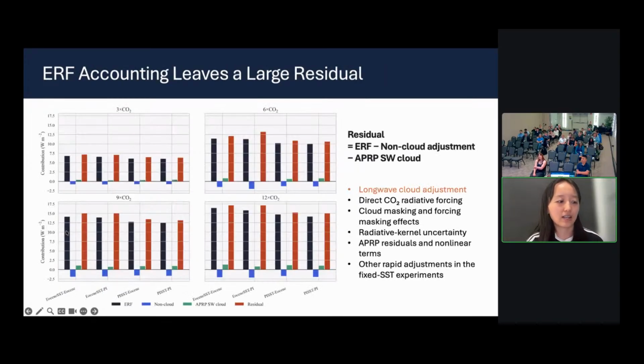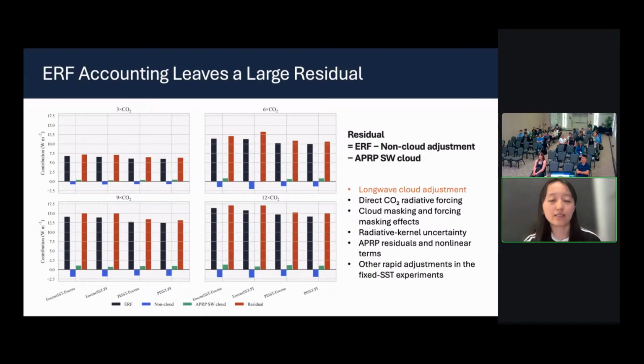To see what remains unexplained, I calculate the residual. The residual is the total ERF minus the non-cloud adjustment from kernels and minus the APRP shortwave cloud contribution. And the residual is still very large, so the terms we have so far do not close the ERF budget.